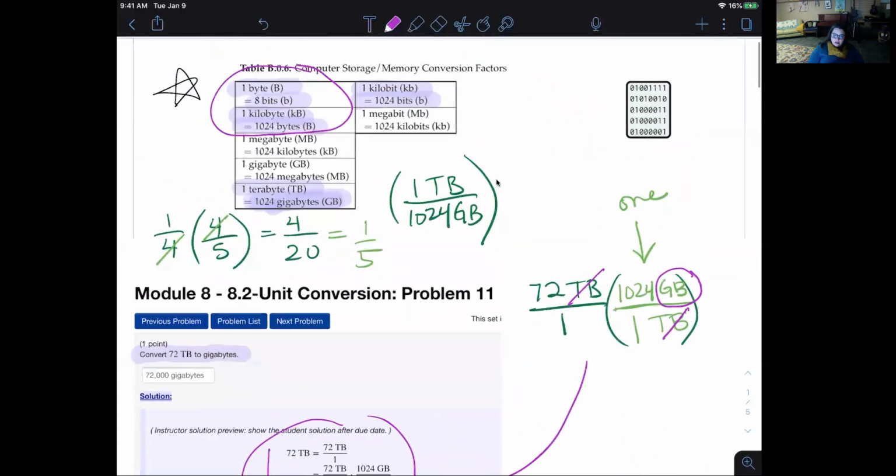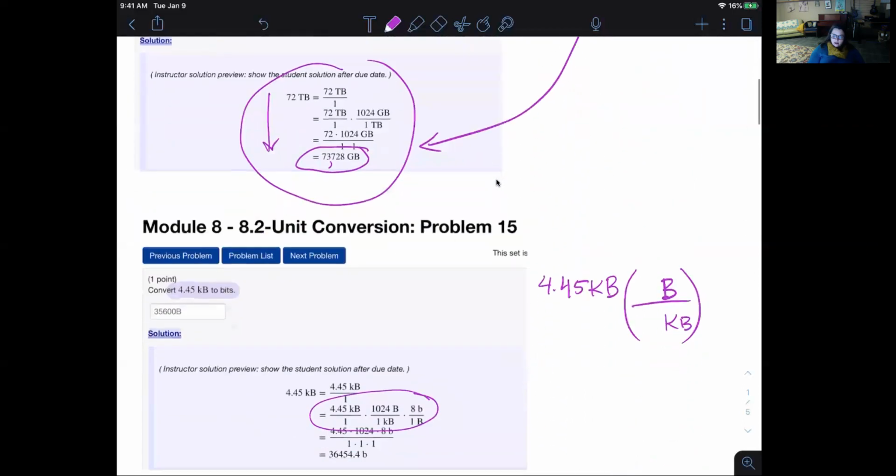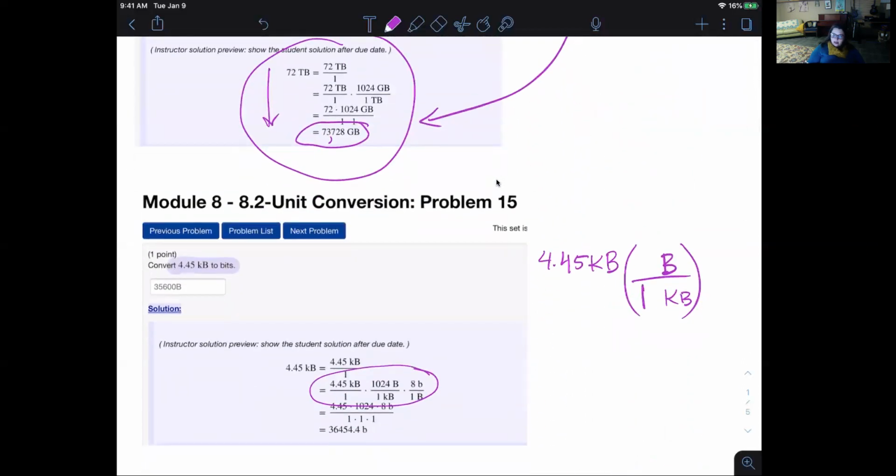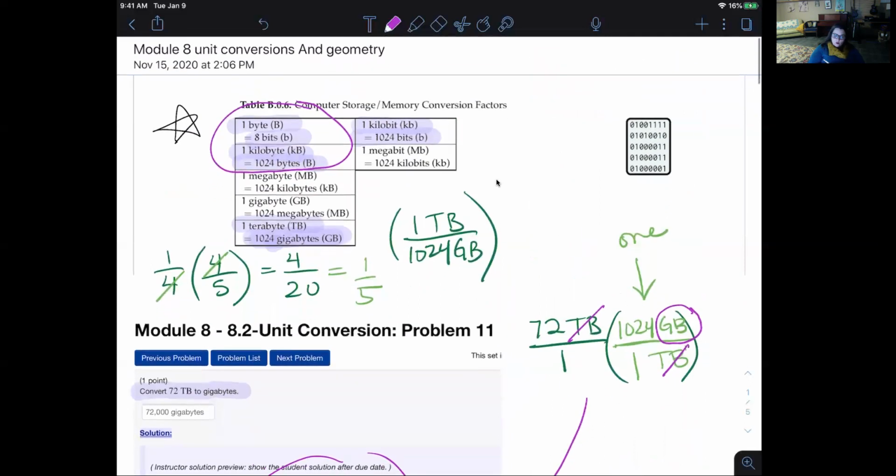If we go back to that conversion, 1 kilobyte is equal to 1024 bytes. Then we want to change from bytes to bits, so I'm going to put the bytes on the bottom and the bits on the top, and it says that 1 byte is equal to 8 bits.